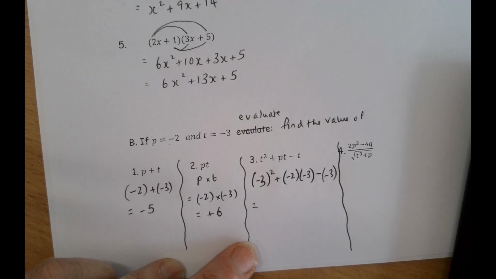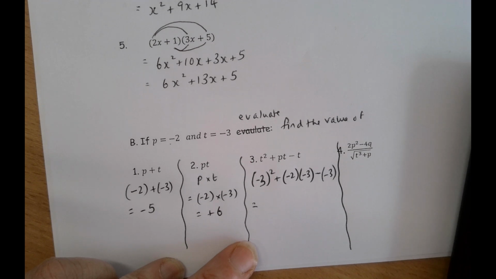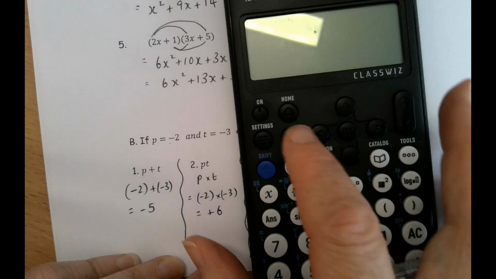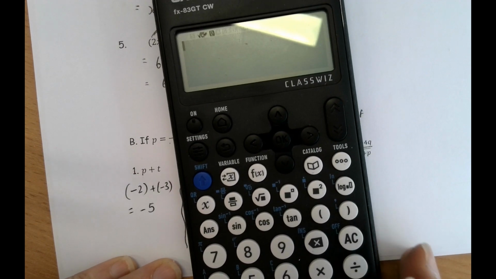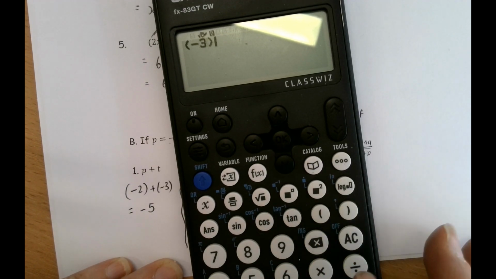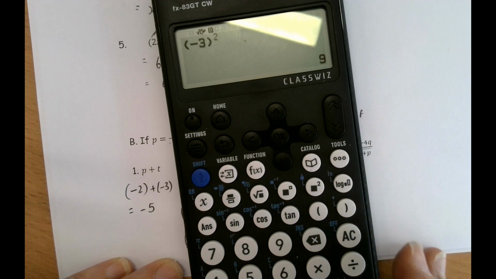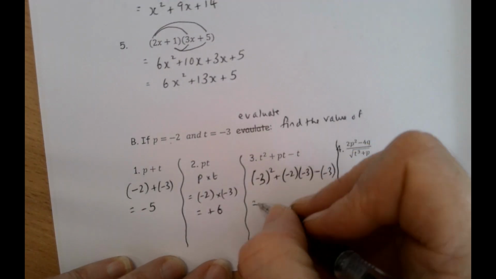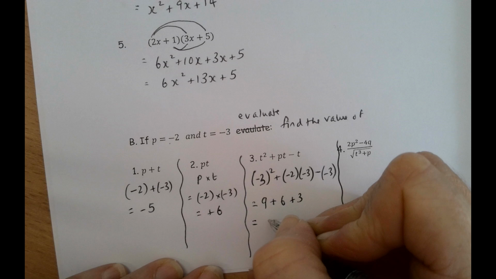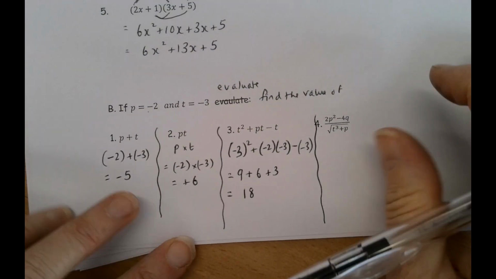And what I would suggest you do is that you put everything in brackets. So minus 3 squared, it's really important on your calculator that you put the minus 3 in brackets, otherwise your calculator gets it wrong. So it's plus 9. If you don't put it in brackets, your calculator will tell you that it's minus 9. Okay, so that's plus 18.